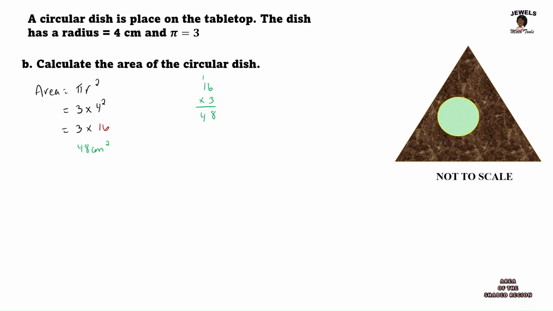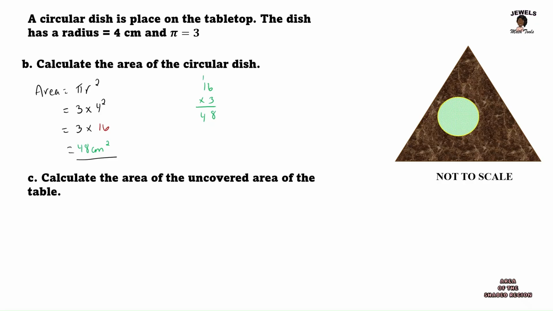So now that we have the area of our triangular tabletop, we have the area of our circular dish, we're now being asked to calculate the uncovered area of our table. So that means that we're concerned about the area that's around the circular dish that is not being occupied with anything else.